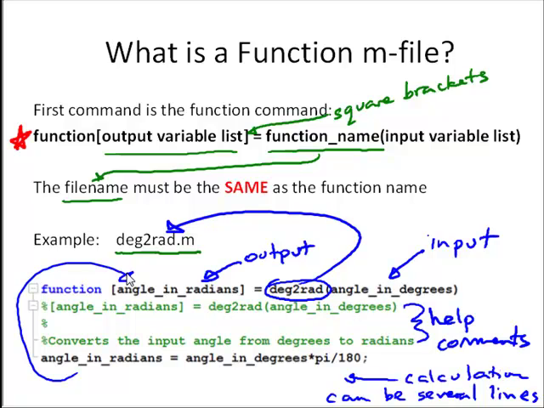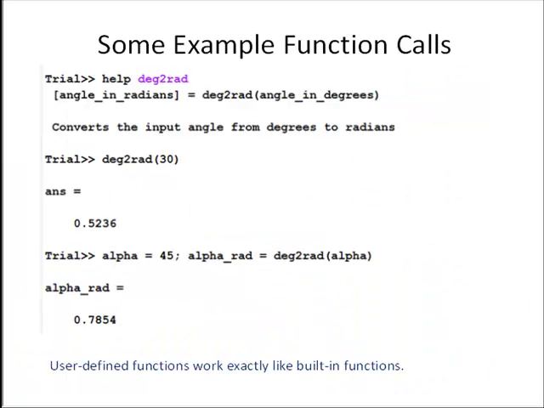So here's some examples of how you can run this function. First of all, we can type help deg2rad just like we would type help sign, for example, for a MATLAB function, and the help comments show up.